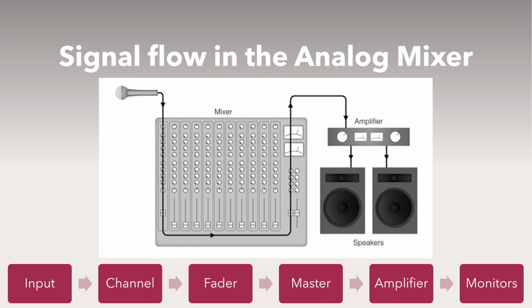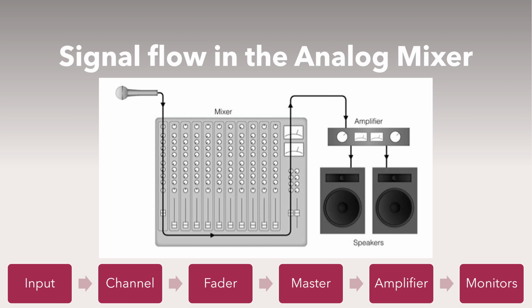Okay, so as a reminder, if we're thinking about signal flow, here we have a diagram from last module, and we're thinking about the sequence of all of the phases that an audio signal goes through in an analog recording studio.